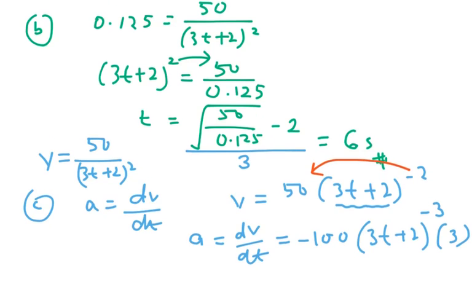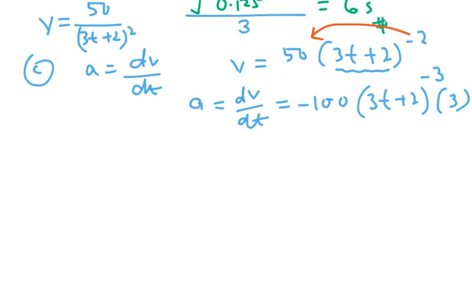Hence, your answer will be equal to negative 300 divided by (3t + 2) to the power of 3.